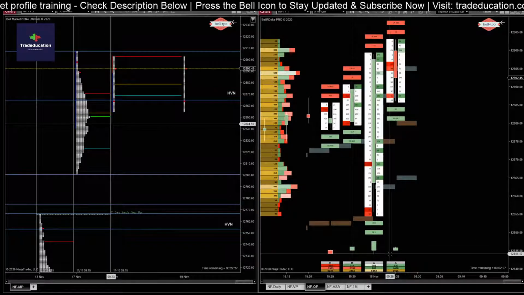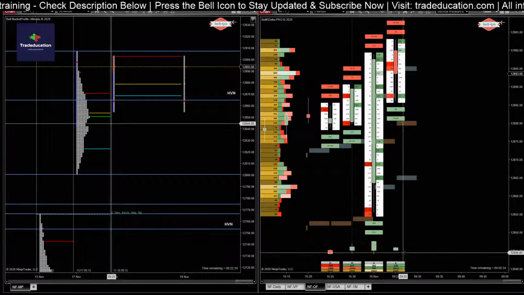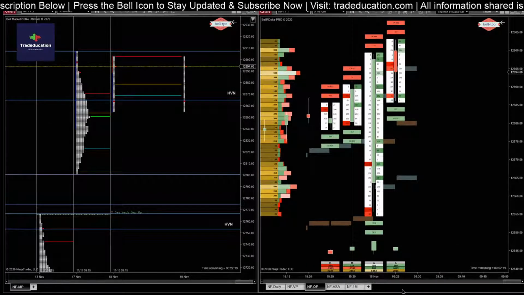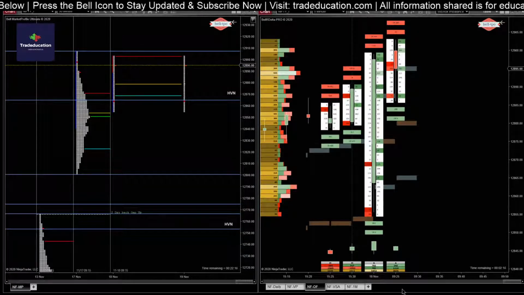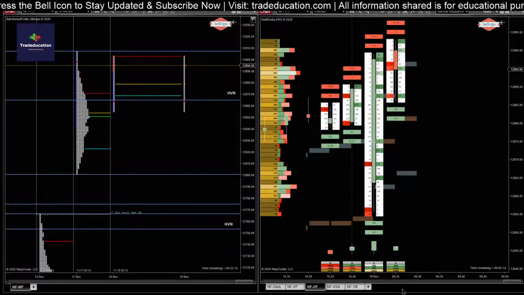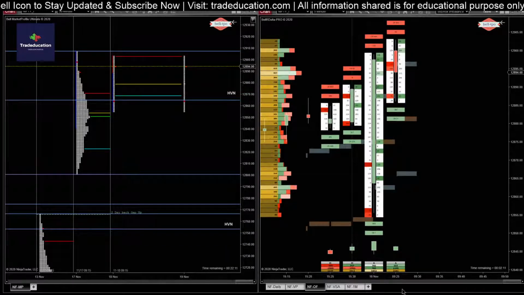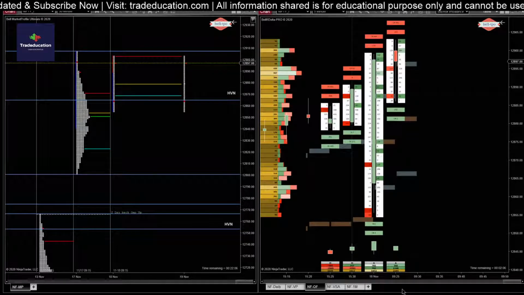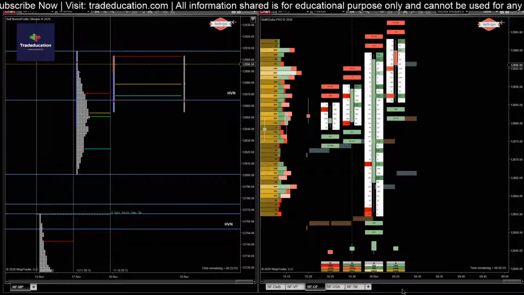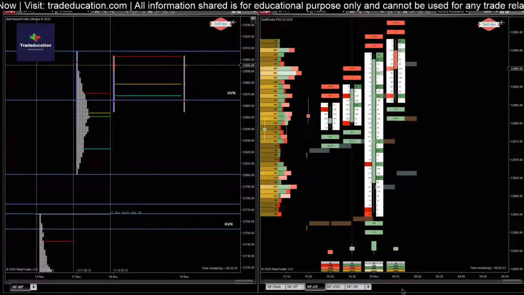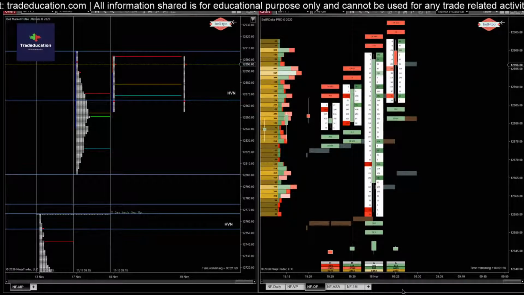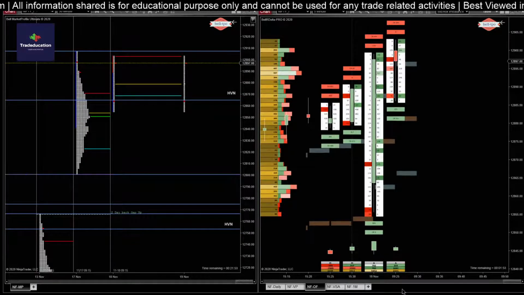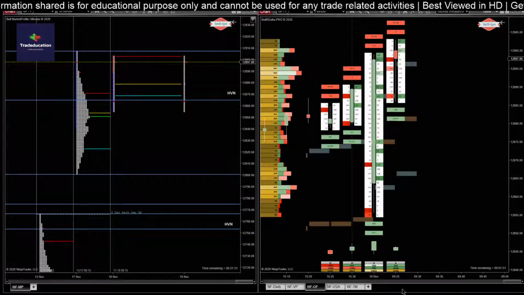So delta is positive, candle is negative, volume flow is decreasing. So expect the high to be tagged.